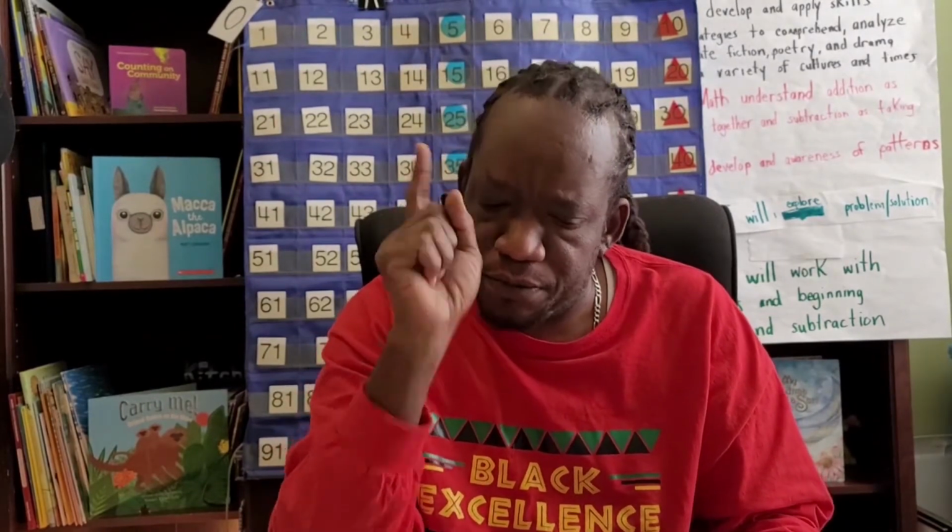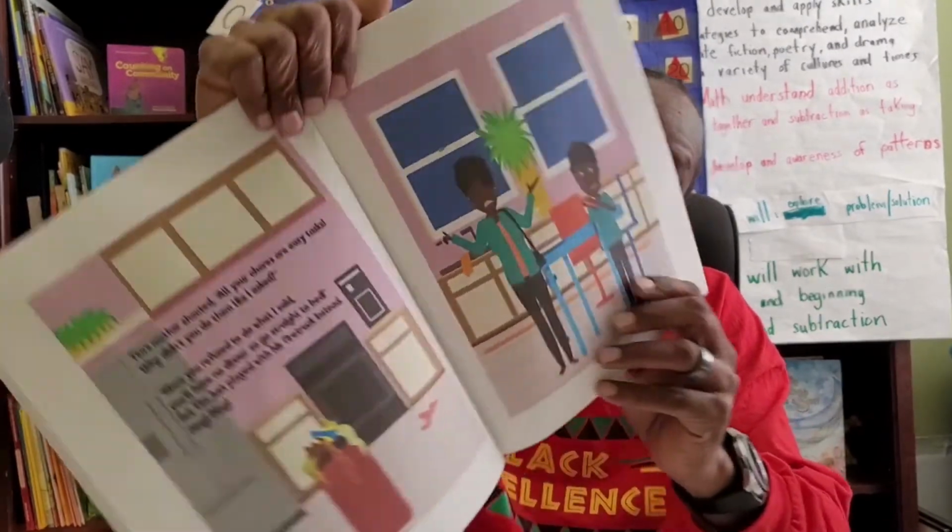Tim's mother shouted, all your chores are easy tasks. Why didn't you do them like I asked? Since you refused to do what I said, you'll have no dinner, so go straight to bed. But Tim just played with his fire truck instead. Ding, ding.